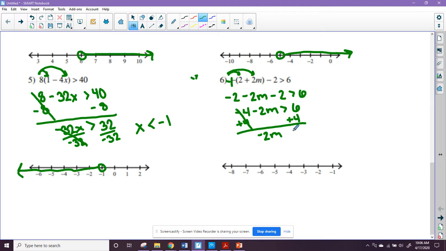Bring down -2m is greater than 6 plus 4 is 10. Divide by -2. If we divide by a negative, our sign flips. 10 divided by -2 is -5. So we go down to -5, an open circle, and it's pointing to the left. And that is it, guys.